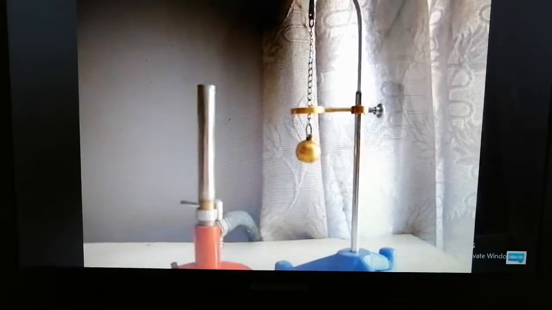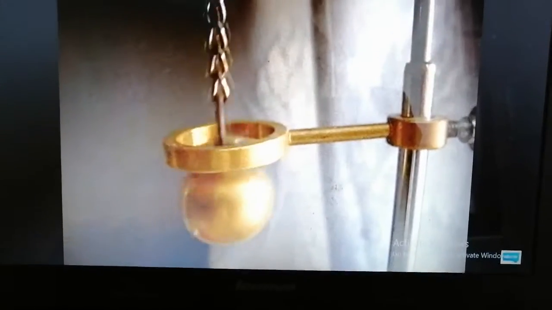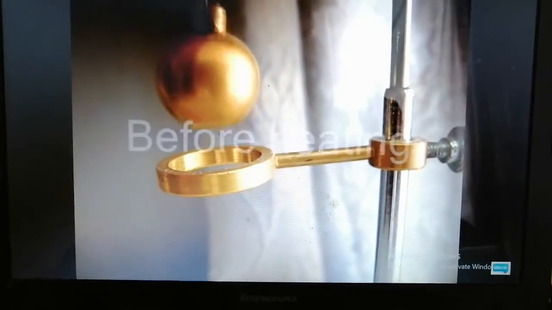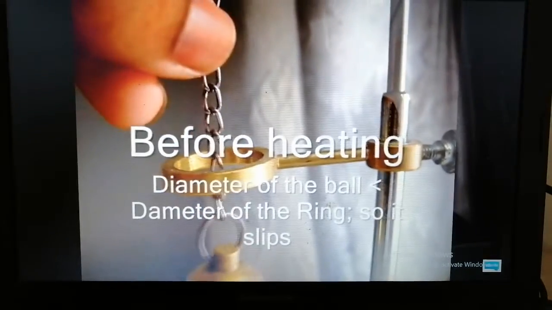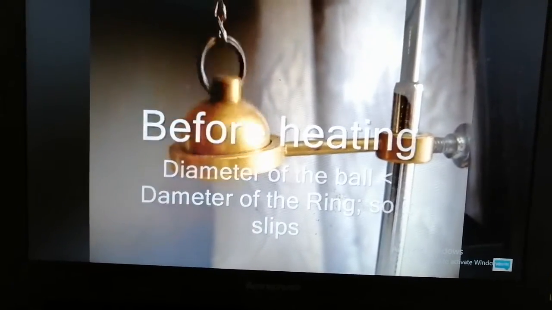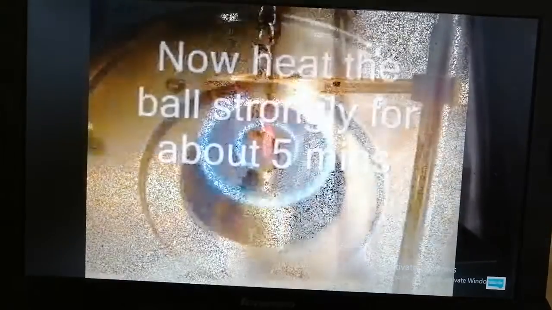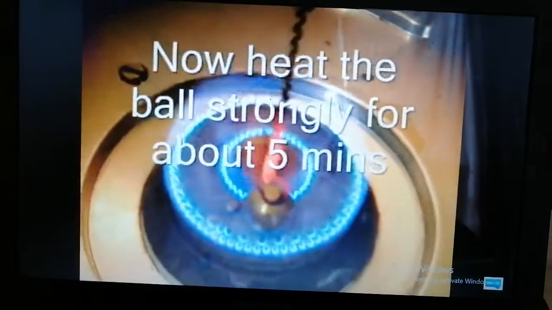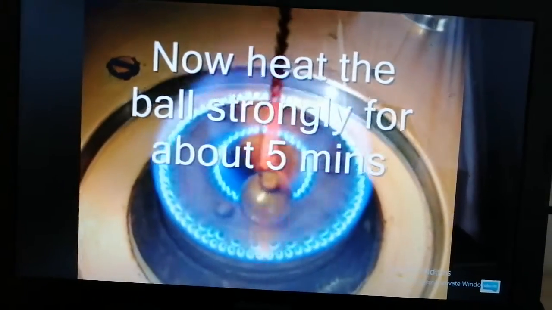Look at this experiment. This experiment shows how solids expand and contract. Before heating, the bulb can pass through this ring. Then they heat the bulb for 5 minutes.